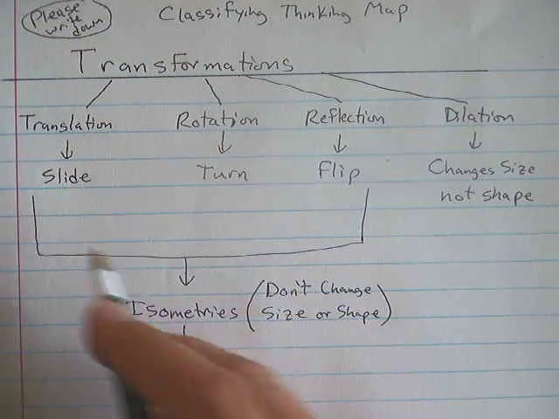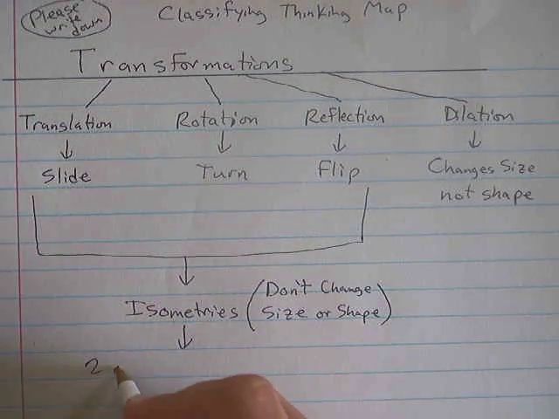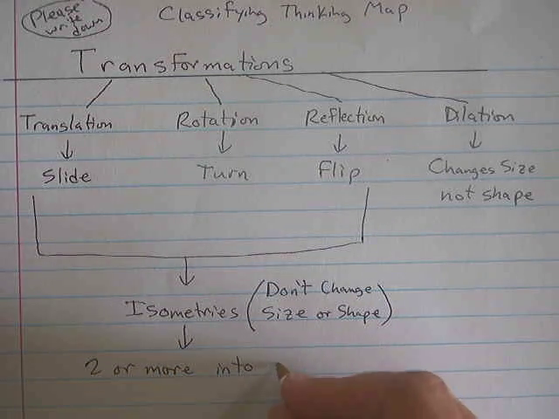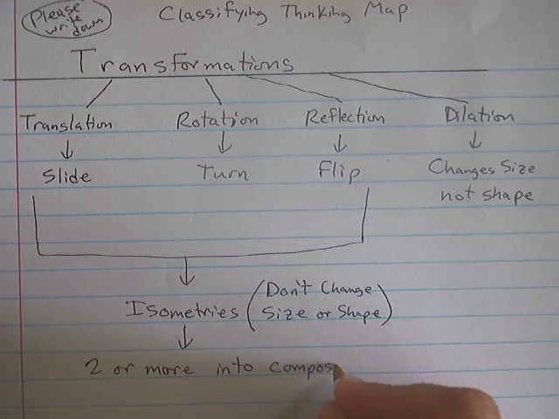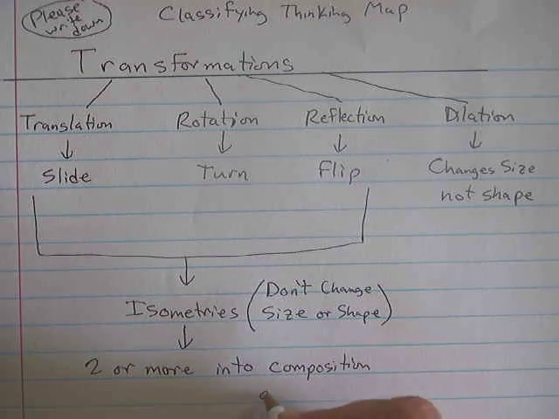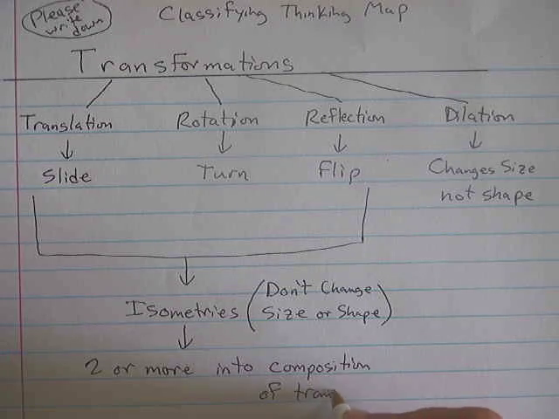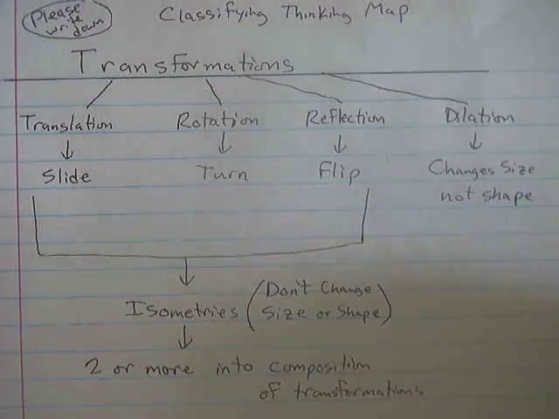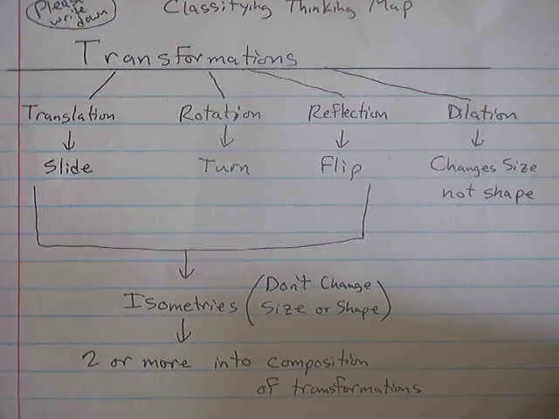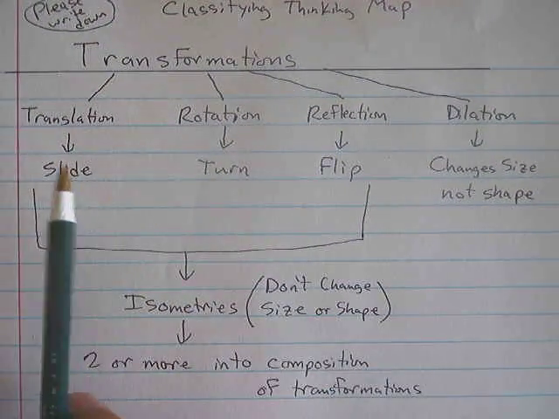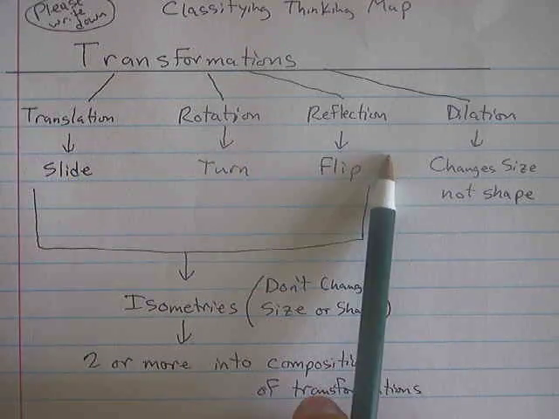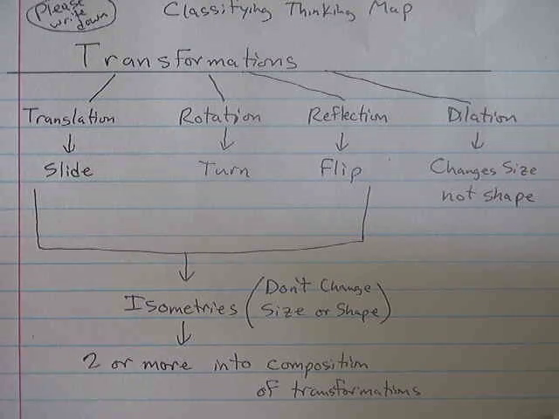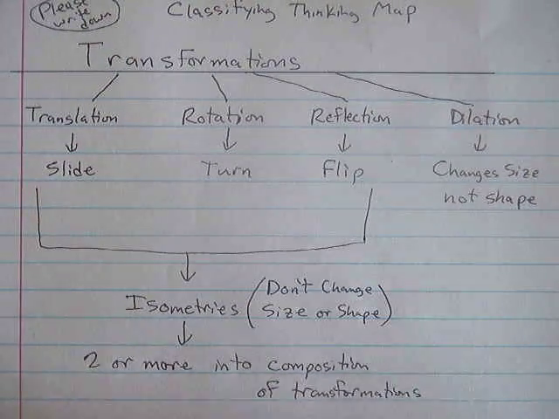We can combine two or more of these into a composition of transformations. So what does that mean? That means maybe doing a translation, then a rotation, a reflection, something like that. So these can be used all the time, in everyday life.